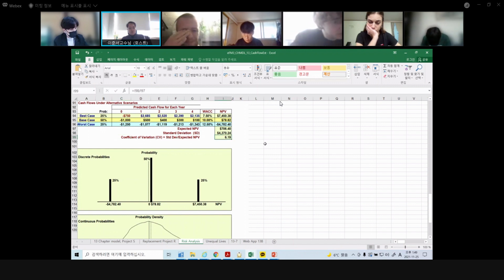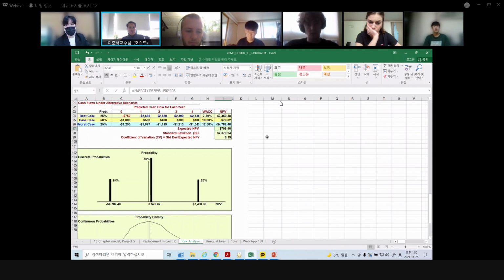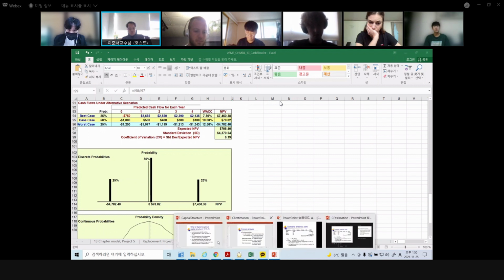So 6.19 can be calculated by 4370.24 divided by 706.4. So that's the 6.19. That's the coefficient of variation of this specific project.